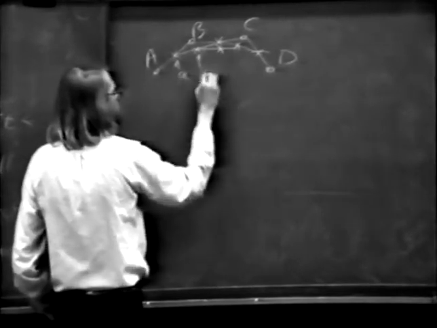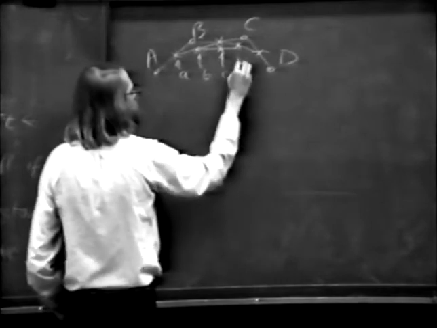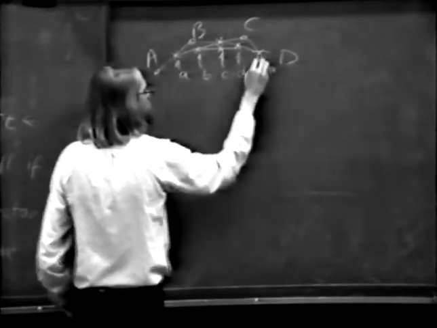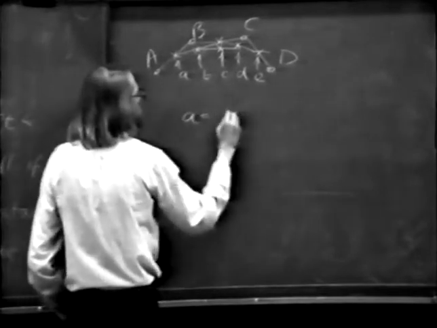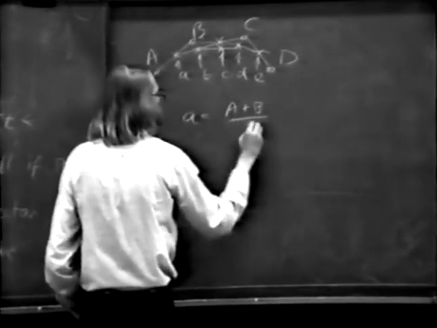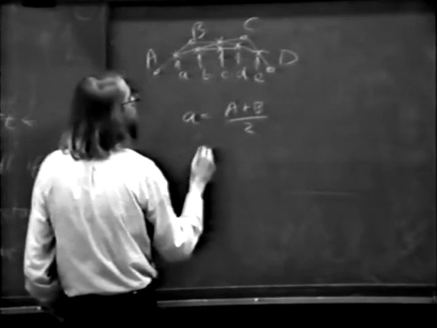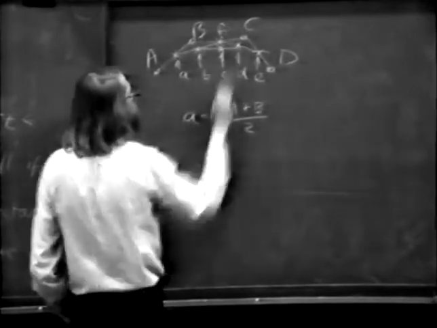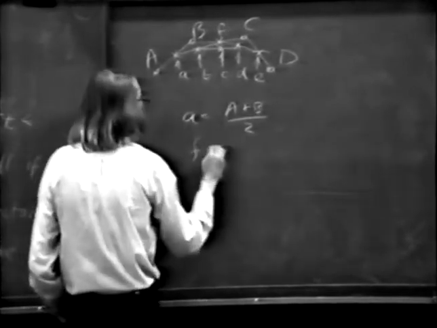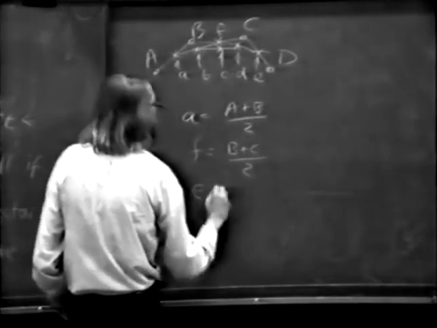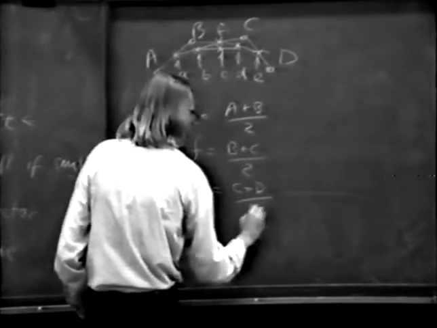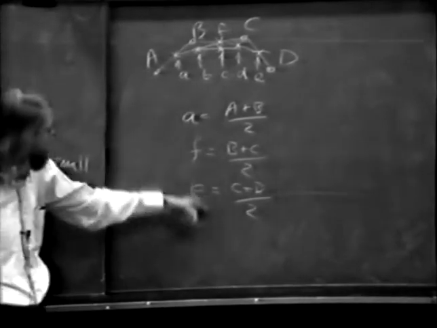A, B, C, small d, and E. First level splitting does these.